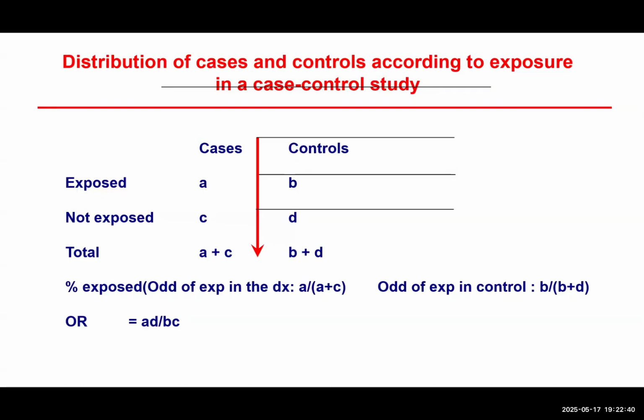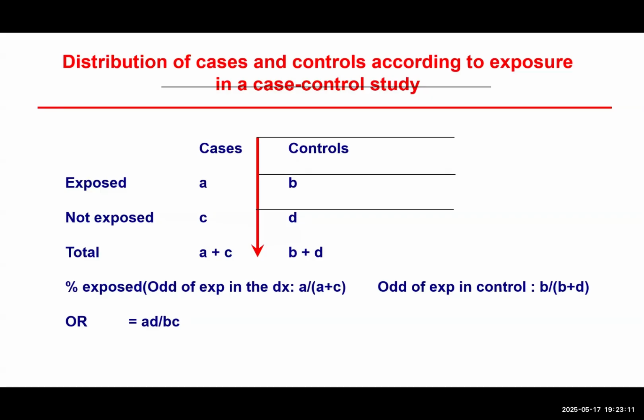So you should be able to get the odds of the disease among the exposed over the odds of the disease among the not exposed, that is, the odds of not having it among the control. So A is those who have the disease, and at the same time they were exposed to that exposure of interest. A plus C is the total number of people who have that disease.